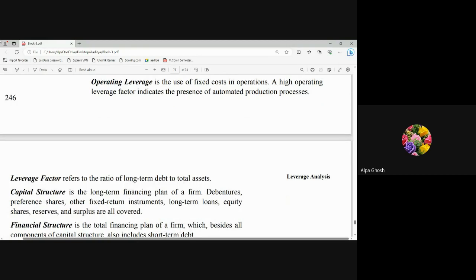It is the ratio of long-term debt to total assets. Long-term debt to total assets.